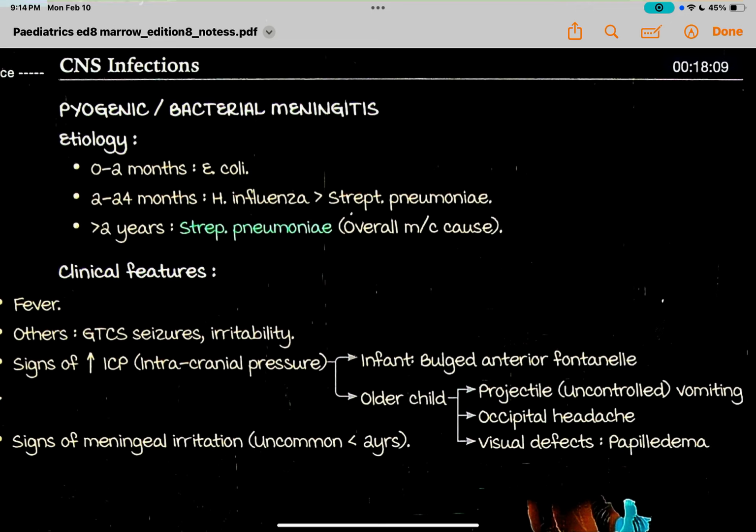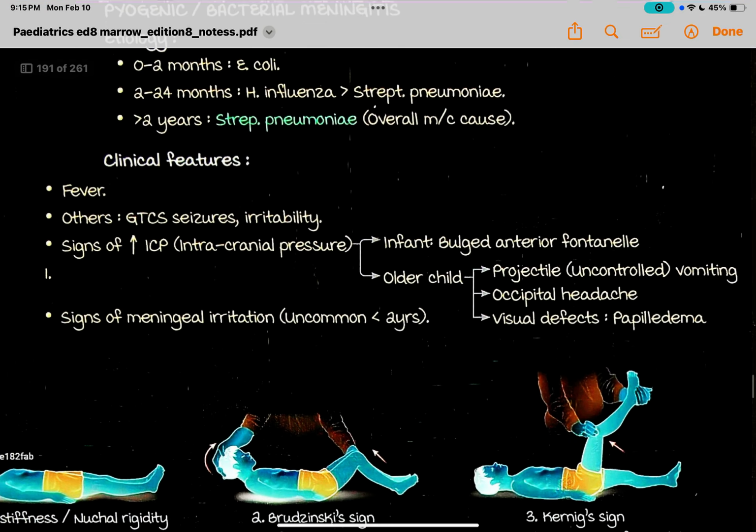Etiology: 0 to 2 months, E. coli. 2 to 24 months, H. influenzae, more than that Streptococcus pneumoniae. More than 2 years, Streptococcus pneumoniae. Overall, most common cause is Streptococcus pneumoniae for CNS infection.